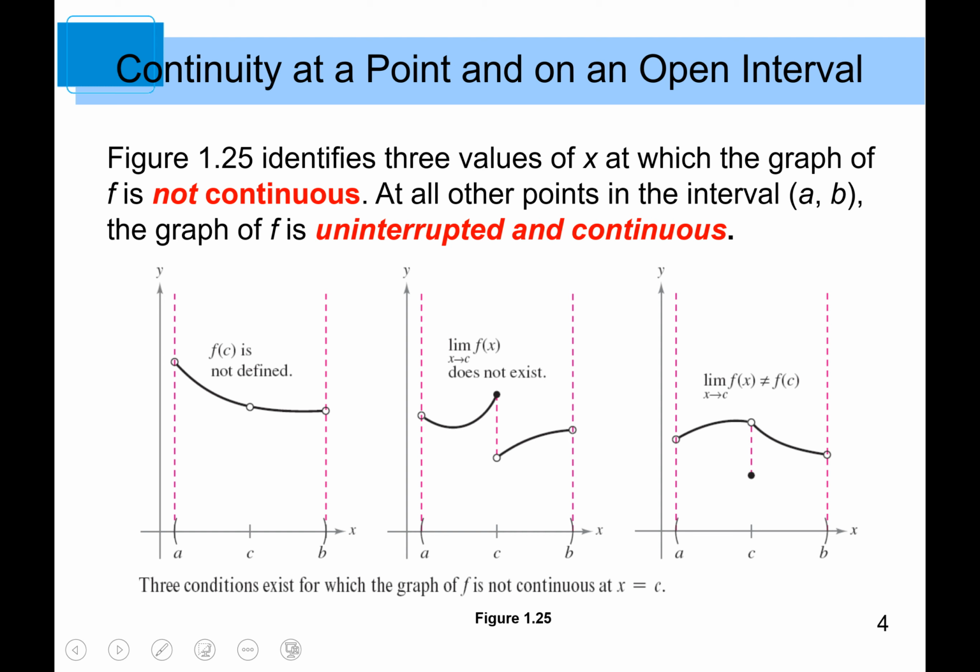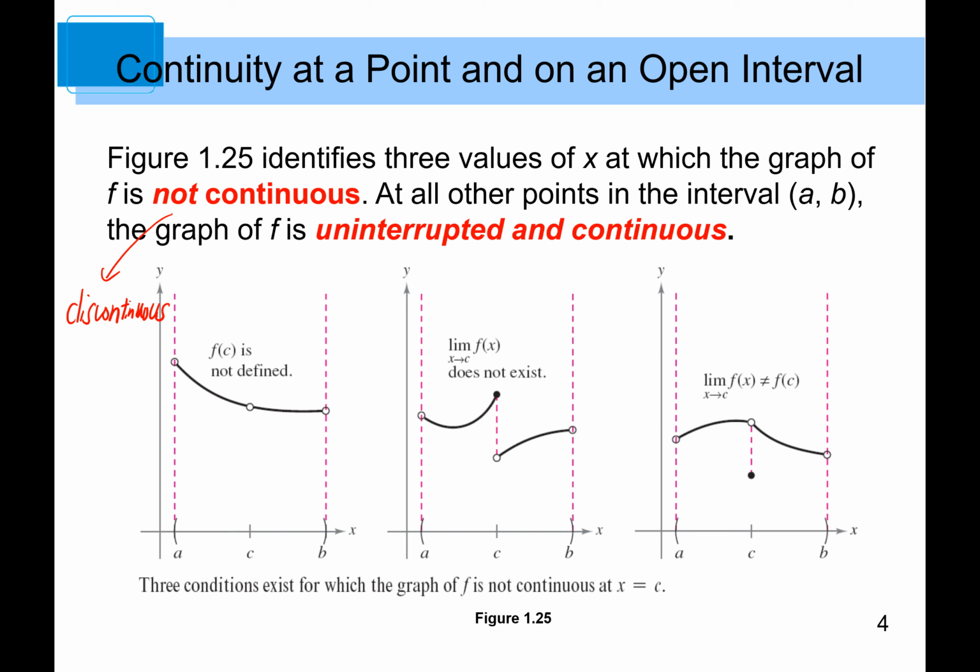Okay, so let's first of all take a look at three different types of discontinuous scenarios. First of all, continuous is the opposite of discontinuous.